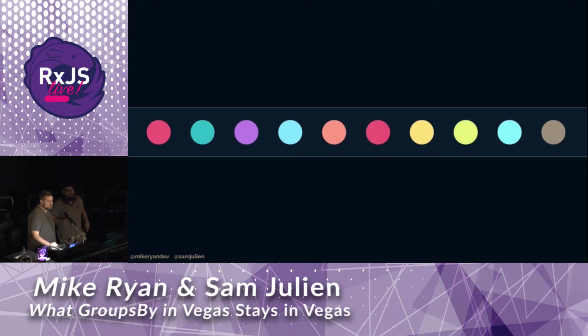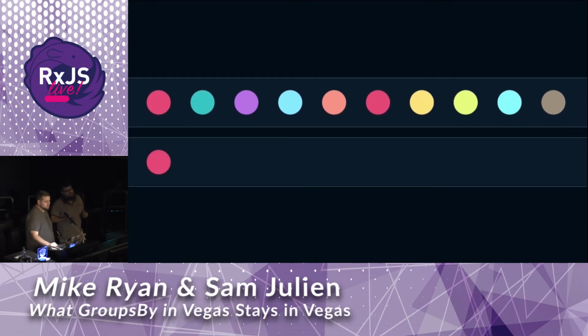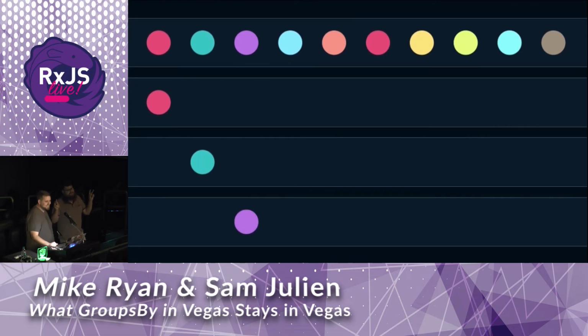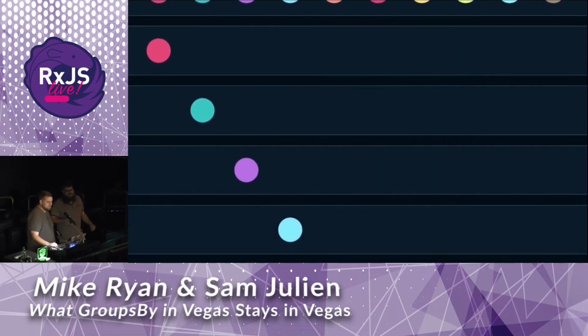So if we go back to our packages analogy, and let's say we want to sort these by color using groupBy, what's going to happen is that first, there's going to be a blush group. That's the official name of this color. We're going to use official Pantone names for these colors. So first there's a blush group that gets created and just sits there. Then there's a fountain blue group. Then there's a soft purple group. Then there's a light sky blue group.